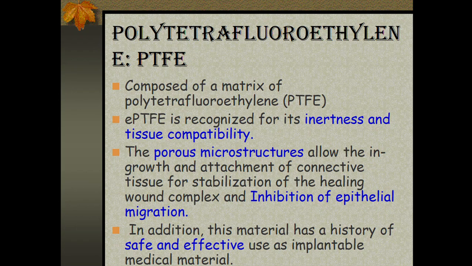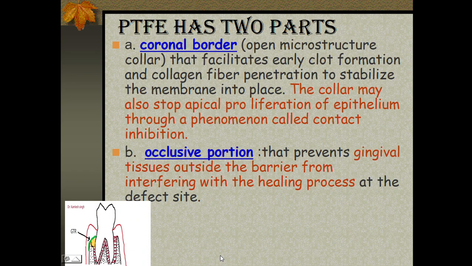Polytetrafluoroethylene membrane. It is composed of a matrix of polytetrafluoroethylene. It is inert, biocompatible, and has a porous structure. It allows attachment of connective tissue for stabilization of the healing wound, and it inhibits epithelial migration. Moreover, it is safe and effectively used in the regeneration area. This membrane has two parts: coronal border and occlusive border.